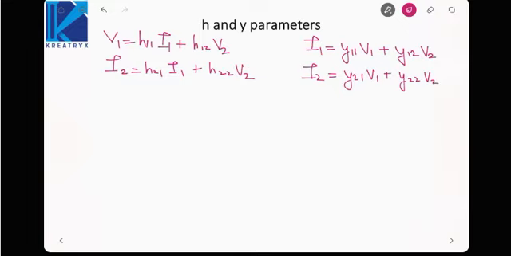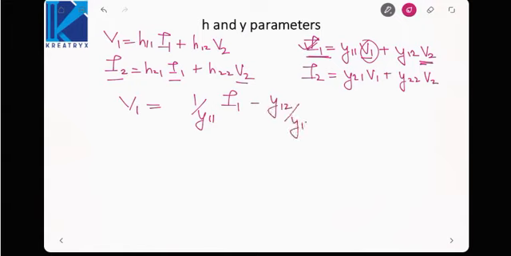Now, if you see from the first equation, this is a relation between I1, V1 and V2. And this is also a relation between I2, I1 and V2. From this equation, we have to determine V1 because V1 must be expressed in terms of I1 and V2. So, V1 from the first equation will be 1 upon Y11 I1 minus Y12 by Y11 V2. That means H11 will be equal to 1 by Y11 and H12 will be equal to minus Y12 by Y11.